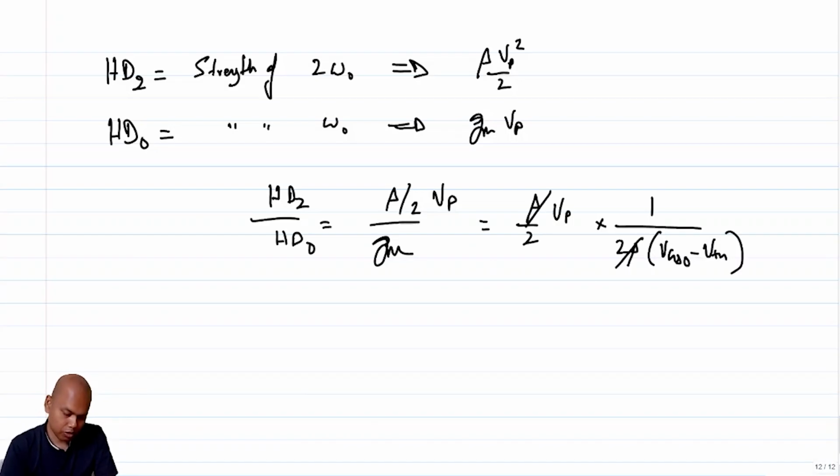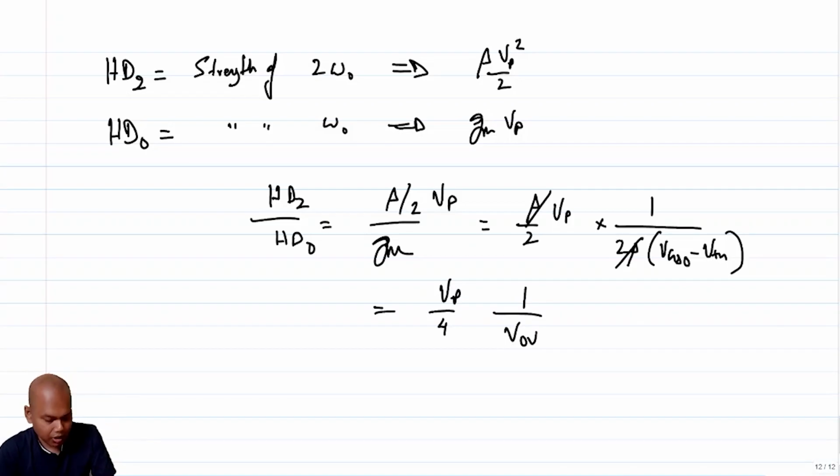So your beta goes off, and you get Vp over 4 times 1 over the overdrive. Among these, what is the design variable? Clearly Vp is not a design variable, because if the input is directly applied to VGS, you cannot expect the input to go down. So the input remains the same. For a given input, if you have to reduce distortion, the only design handle you have is the overdrive voltage.